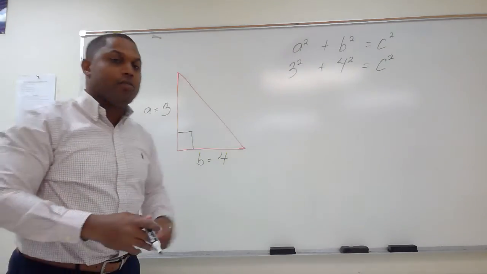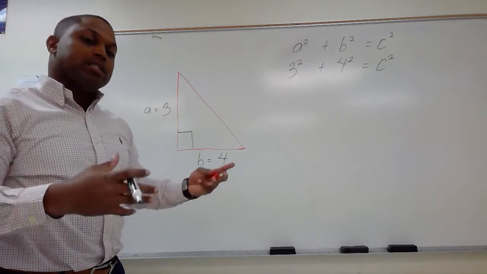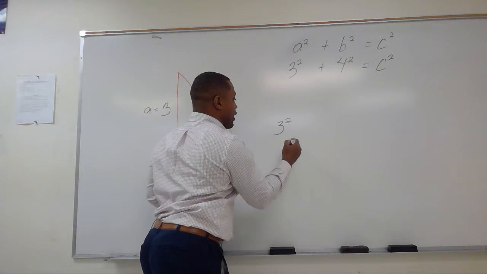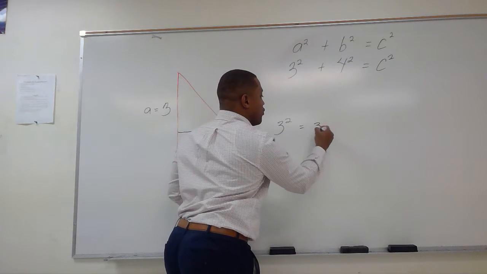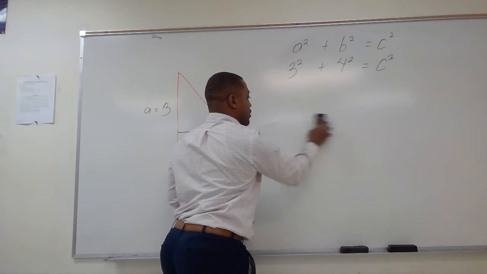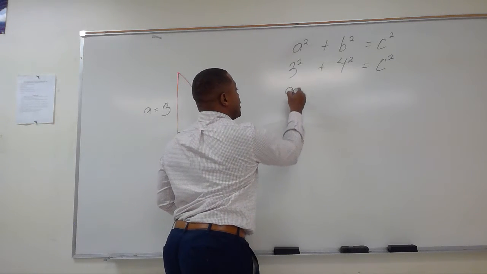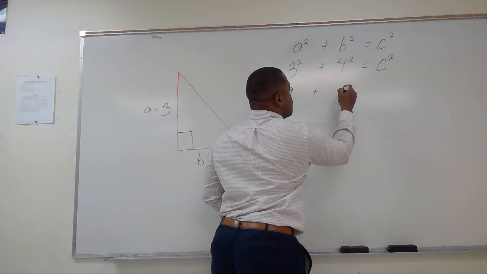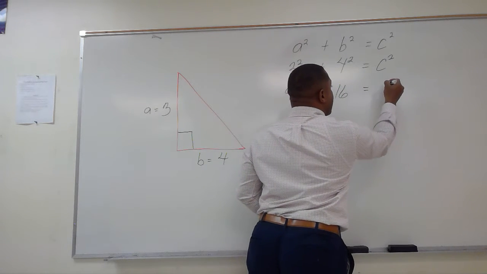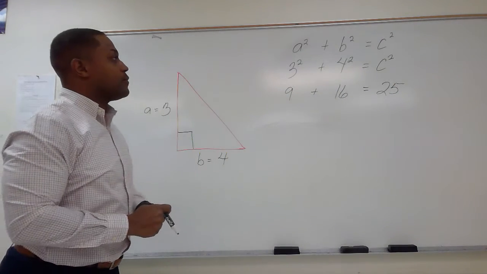Now, just as a reminder, when we square a number, that is the number times its own self. So, for example, 3 squared is 3 times 3. With that being said, 3 squared is 9. 4 squared is 4 times 4, that's 16. And those together give me 25, okay?